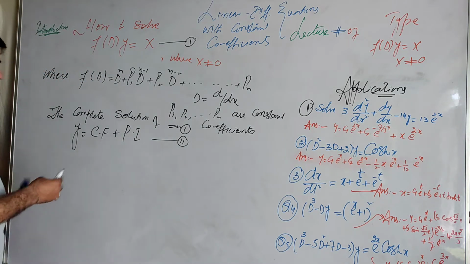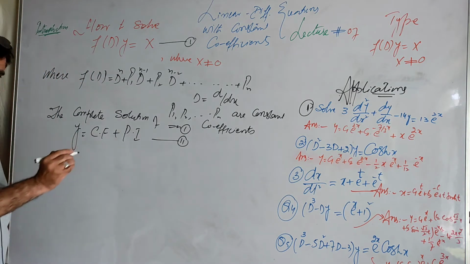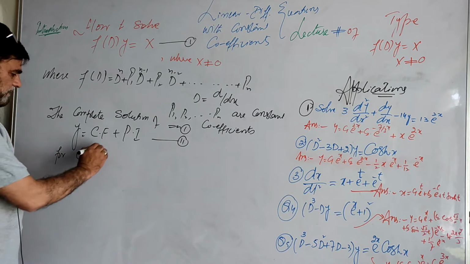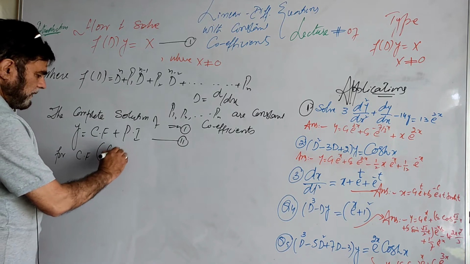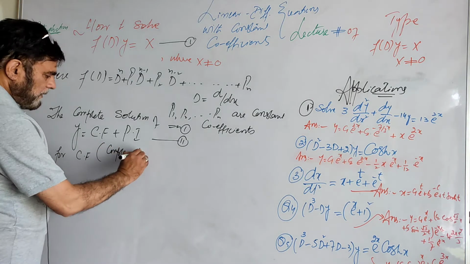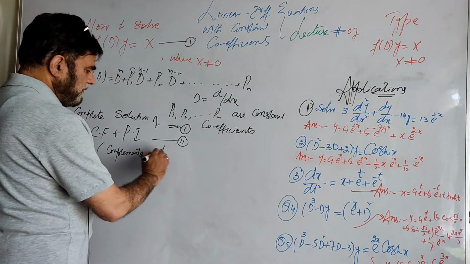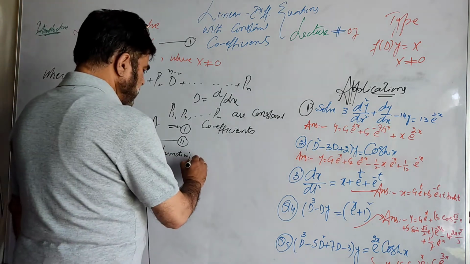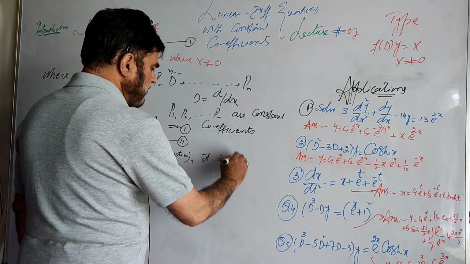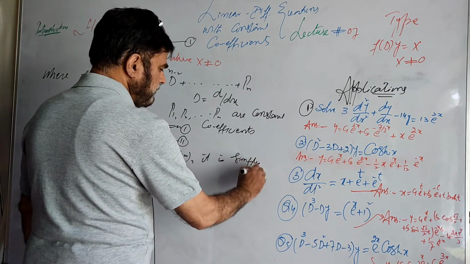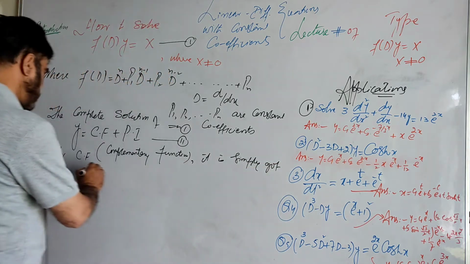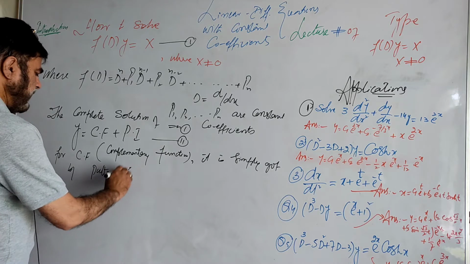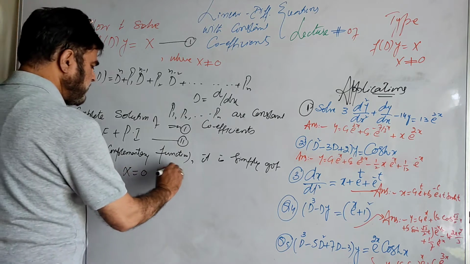Now, how do we find the CF? The complementary function is simply got by putting X equal to 0 in equation 1.